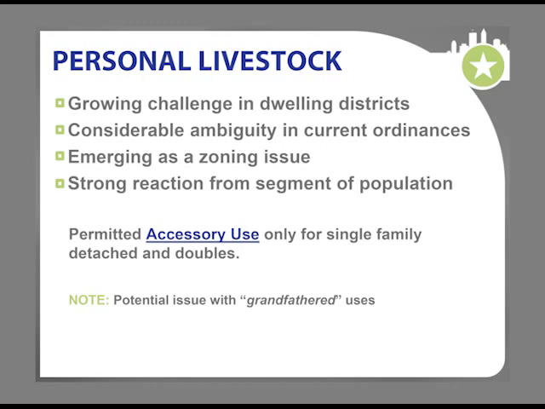And that's so we can firmly establish who owns these animals. Now, because more and more people are already doing this, as we enact Indy Rezone, we may face some potential issues with the grandfathering of this use. The grandfathering means I was doing it before, I'm legally established, even though the ordinance has changed. We've included some provisions that we think will help with this grandfathering issue.